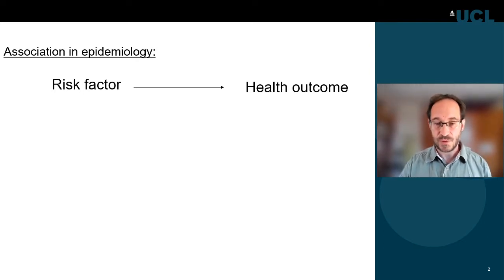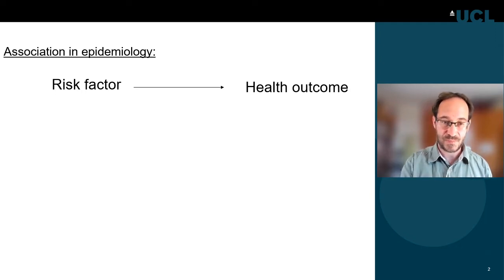But you also know that finding an association between any of these risk factors and health outcomes is just the first step in the long journey towards understanding or establishing the causes of a certain disease.